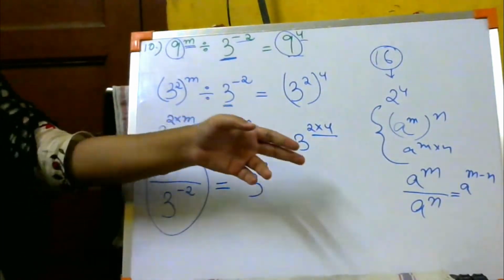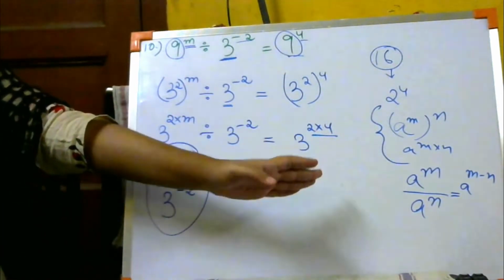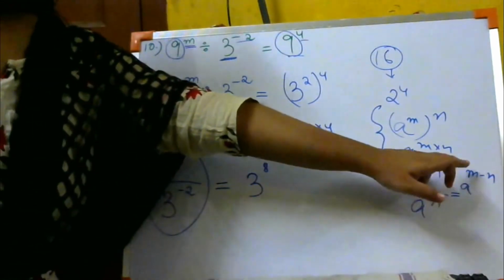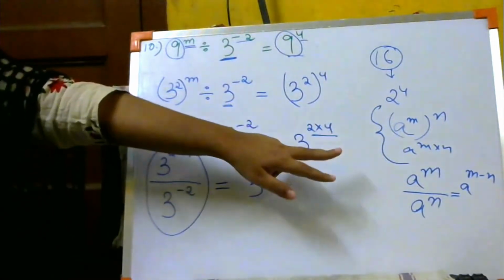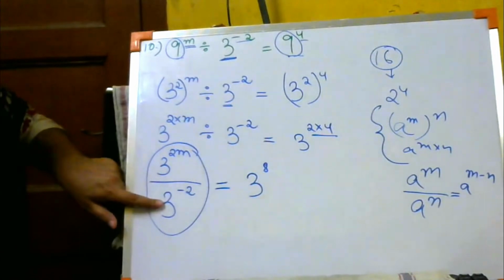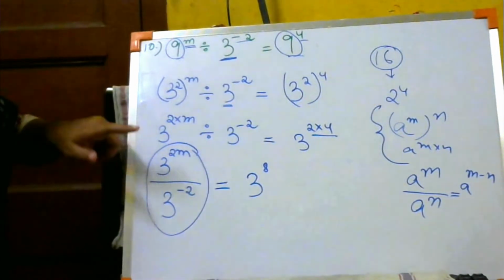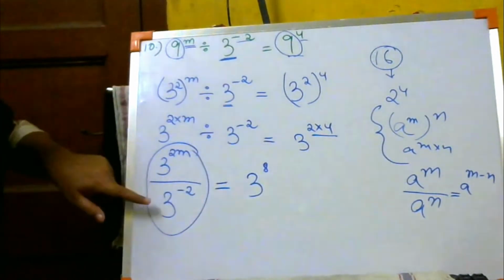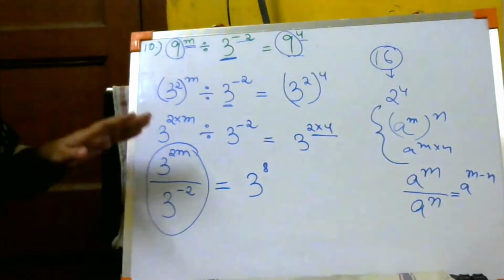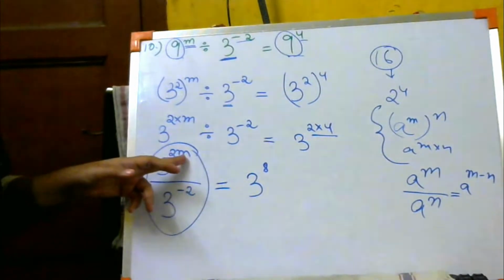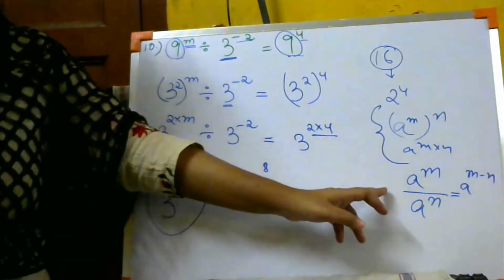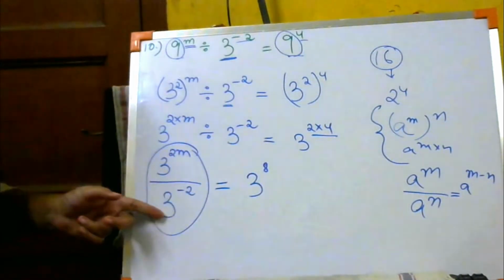I think it was law number 4, if I am not wrong. A to the power m divided by a to the power n equals a to the power m minus n. The base was the same, the base in both was a, only the power was different. Here look, the base is the same, isn't it? 3 and 3. Compare it as it is. Don't think that here there is a variable and a constant, just compare this with this formula. A to the power m, a to the power n.